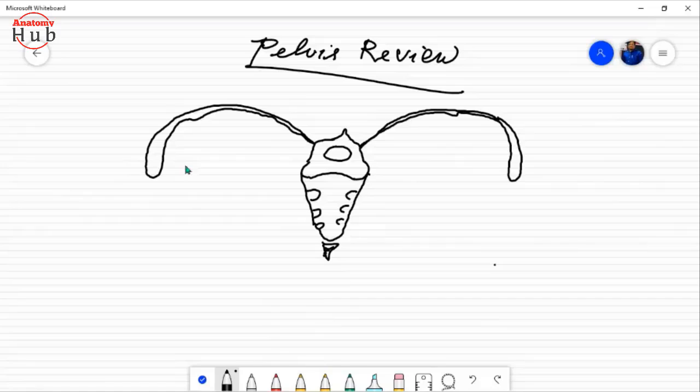Then from this ASIS, you will find the anterior border of the ilium over here. Then you'll find the anterior inferior iliac spine, and that continues as the margin of your acetabulum.